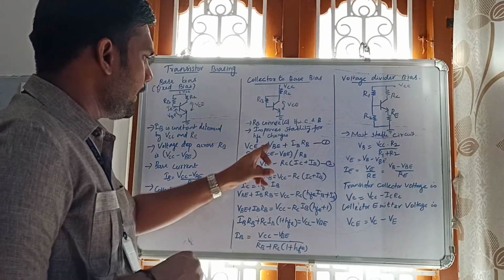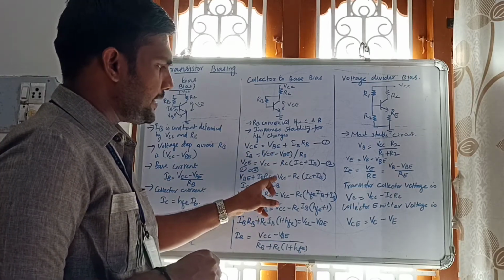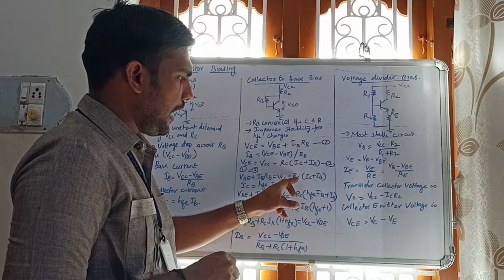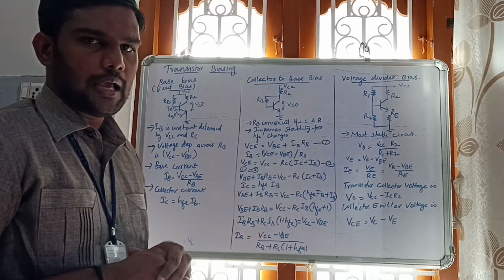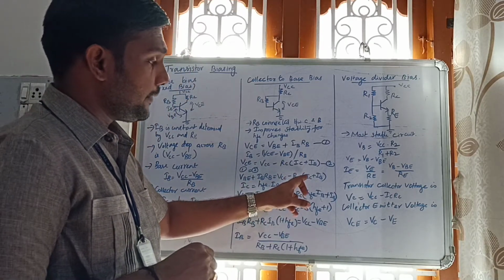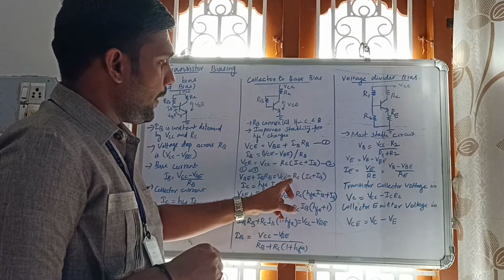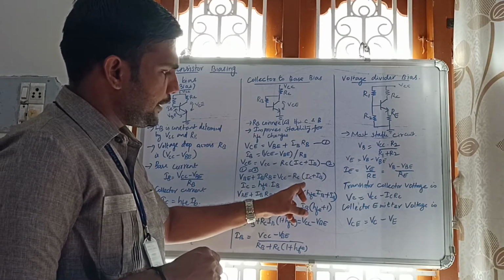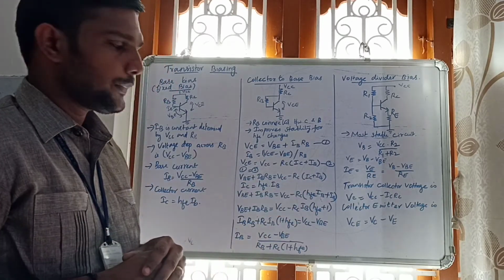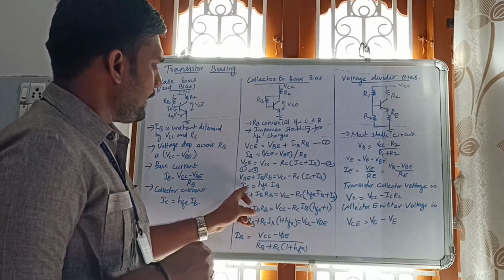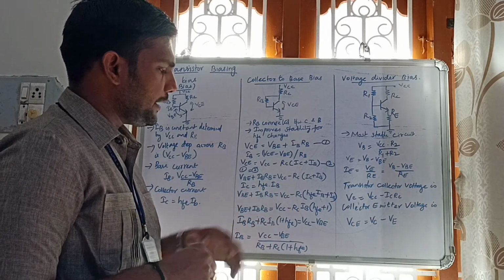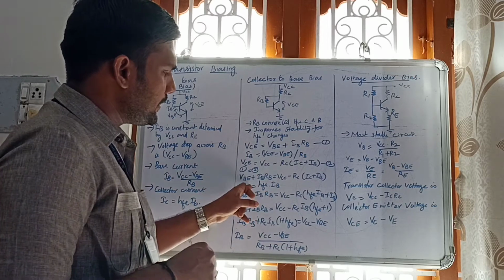So what will you get? VBE plus IB RB is equal to VCC minus RC into IC plus IB. Then IC is equal to HFE into IB, so substitute this IC here.